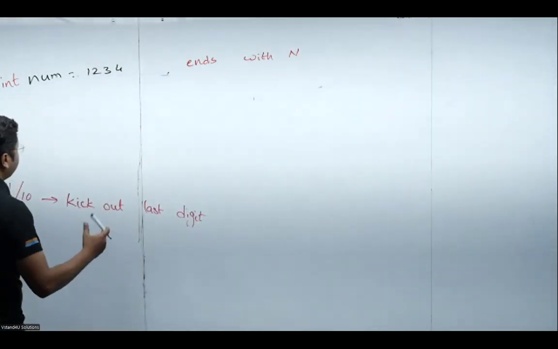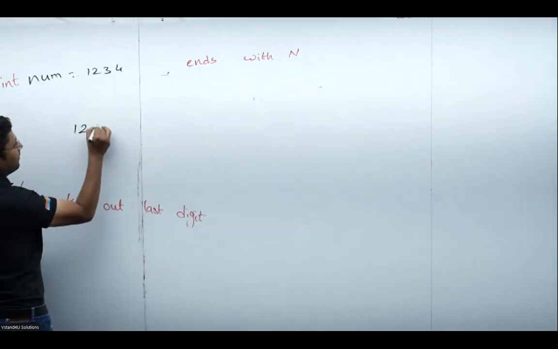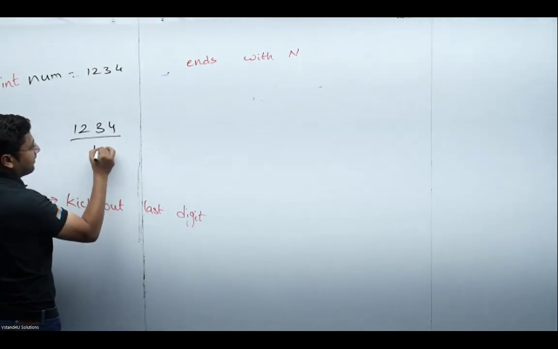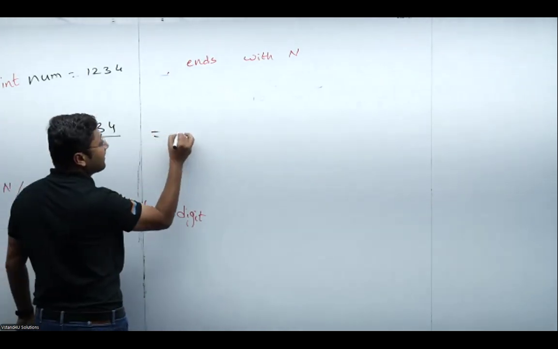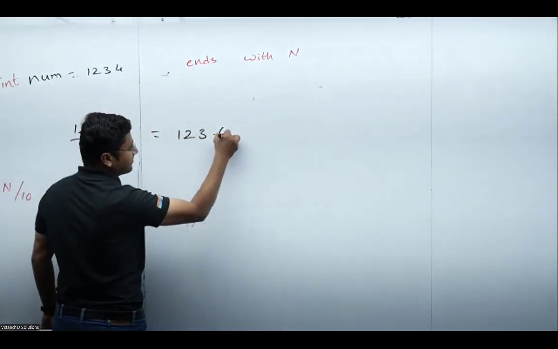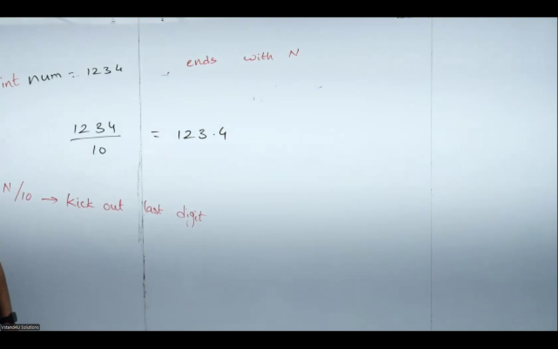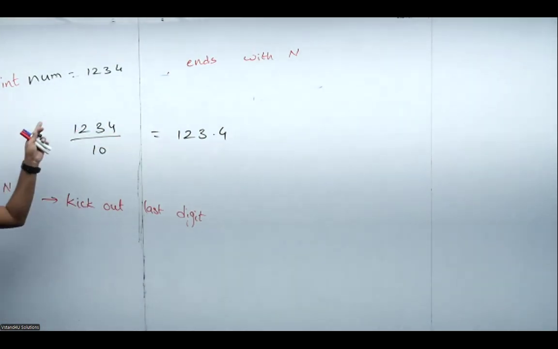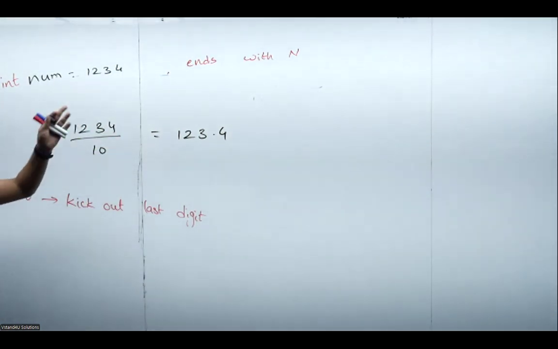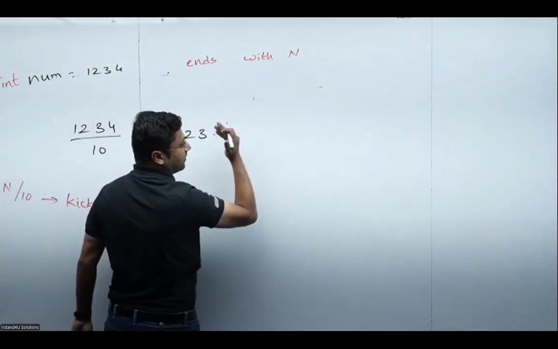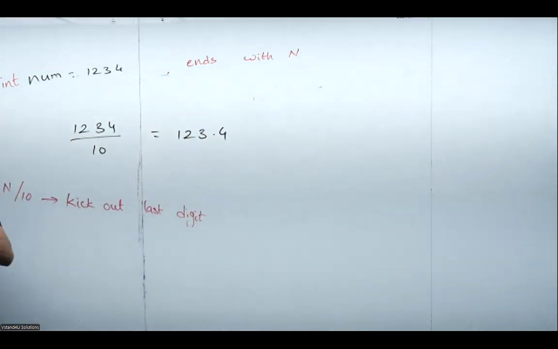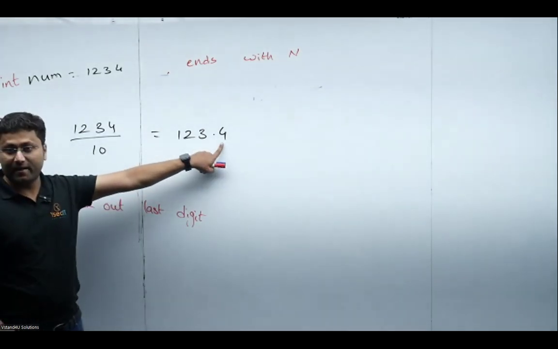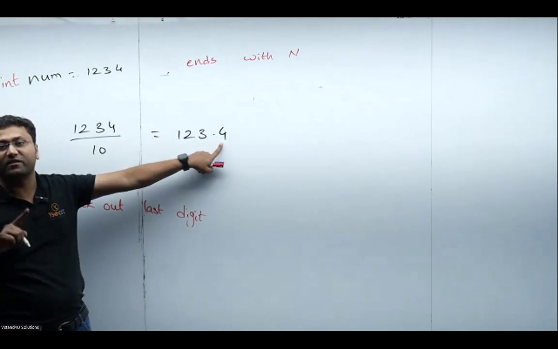I want to read the last digit. Pay attention. Whatever number is there, I say divide by 10. Agree? If I mathematically divide by 10, the answer comes mathematically. But since I was storing into an integer value and the arithmetic operation was happening, this 0.4 after the decimal was discarded. Agree? Deleted. This time my requirement is the digit after the decimal.